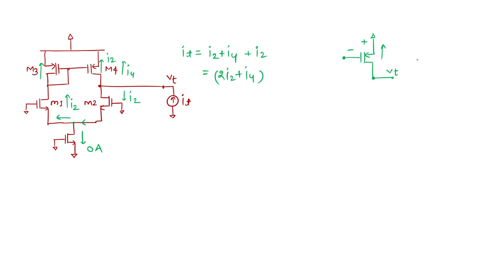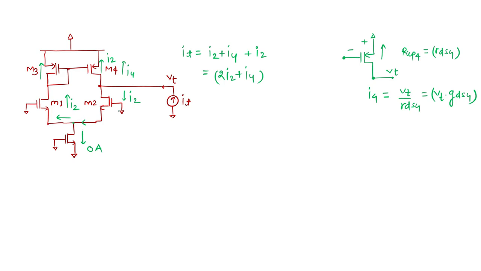For this particular M4, the impedance looking up is what? Let me say it is RDS4. So what is I4 exactly? I4 is nothing but VT by RDS4, which I can also call VT times GDS4. So this is the I4 current.